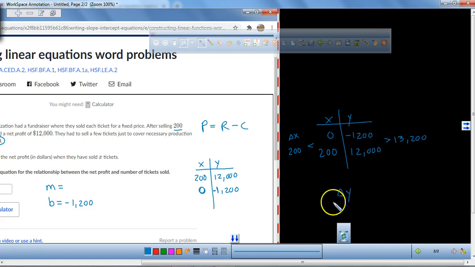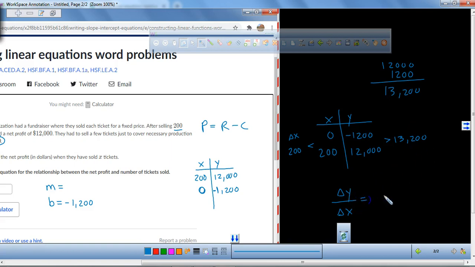Now, the change in the y over the change in the x. If you're wondering what I did right there, I went from -1,200 to 0 is 1,200. Okay? And then I had 12,000 and I added them together, and that's how I got the 13,200.